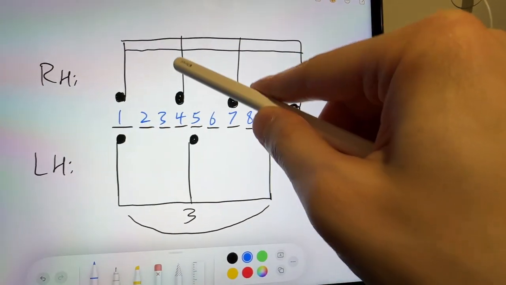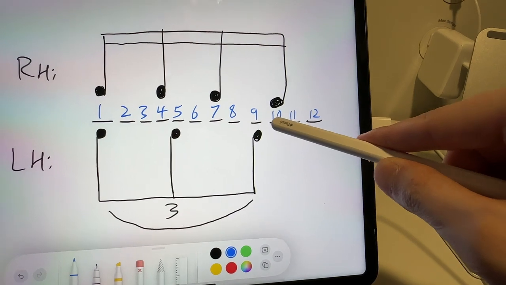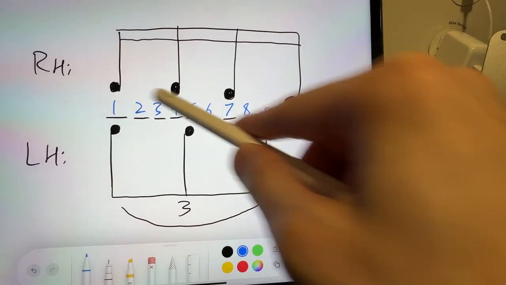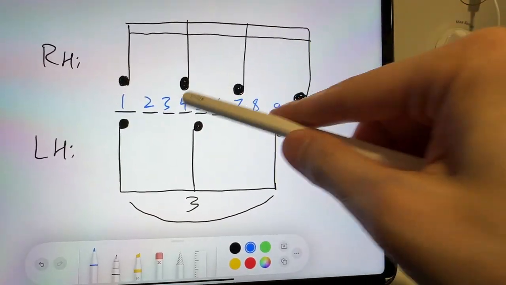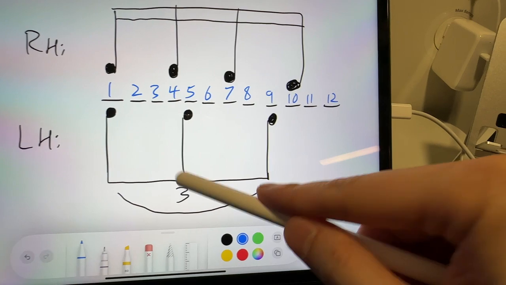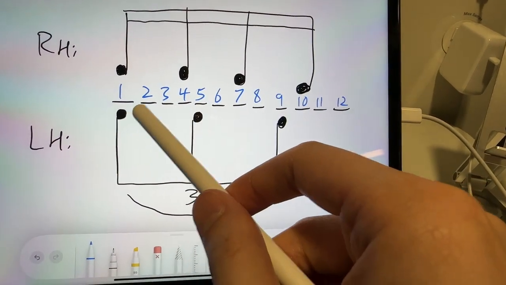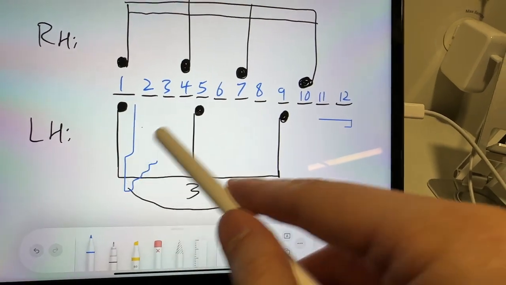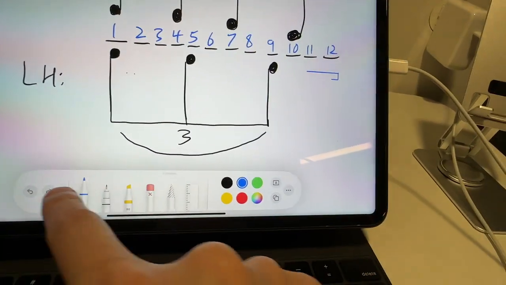It's 1, 2, 3, 4, 5, 6, 7, 8, 9, 10, 11, 12, right? So 12 has been evenly divided here into 4 equal parts of 3 each. And then in the left, we have 1, 2, 3, 4, 5, 6, 7, 8, 9, 10, 11, 12. So here we have evenly divided the 12 into 3 equal parts of 4 each. So that's the case there.